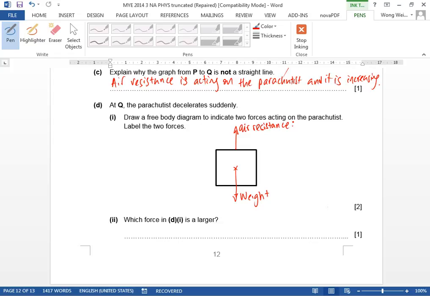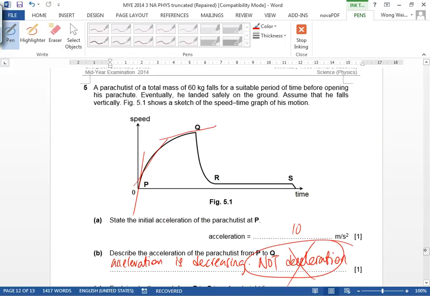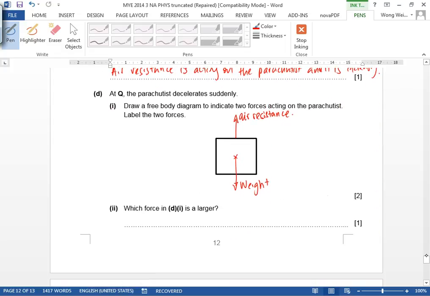Okay, all done? Let's take a look at part 2. Which force is larger? Do you say weight because I drew it larger? Which force is larger? This is at point Q. How are we going to decide?